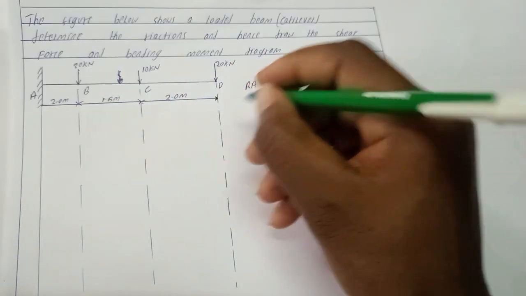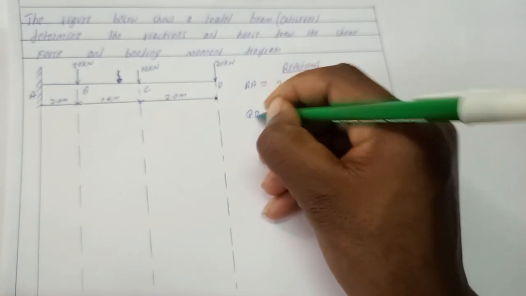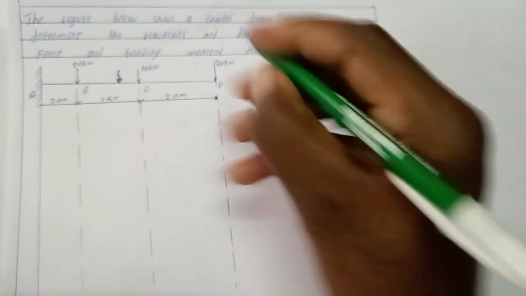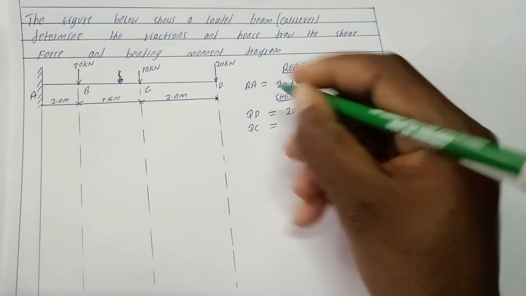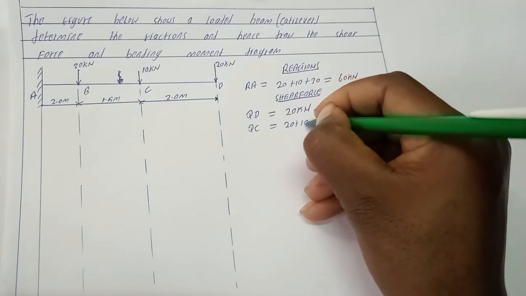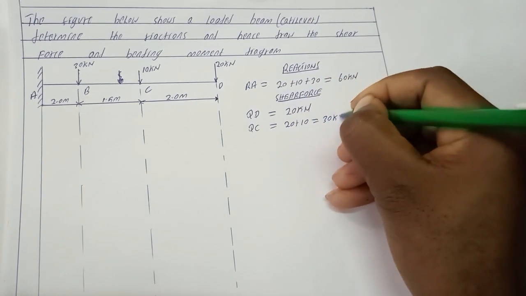So basically we start with Q at D, which would be 20 kilonewton, then Q at C, which will be 20 plus 10, which will give us 30 kilonewton.